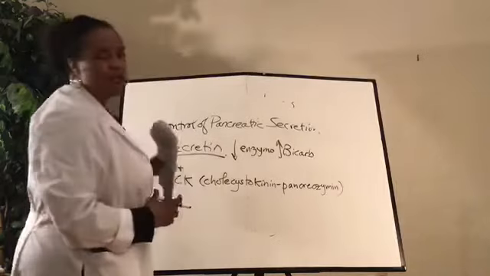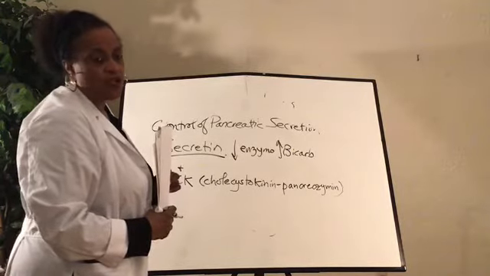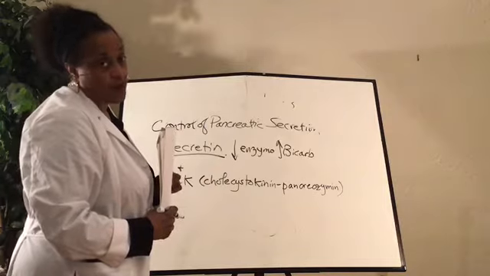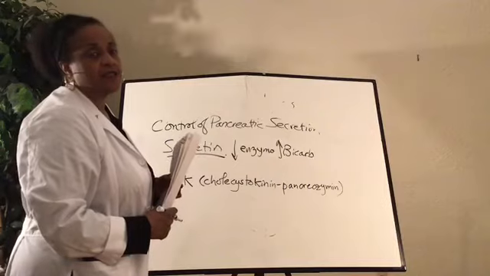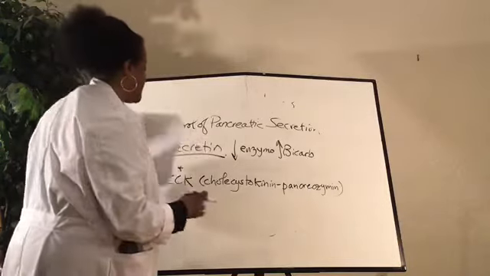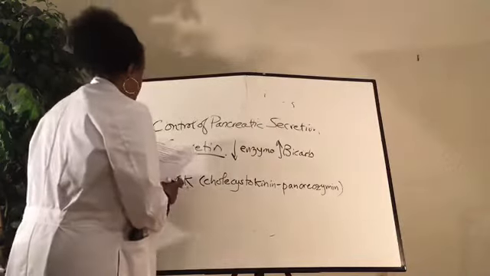If you see bicarbonate, which we will learn about when we get to the kidney, that is going to neutralize acids. It's coming from the pancreas, so you know it's going to be an alkaline substance, so it will neutralize acids.